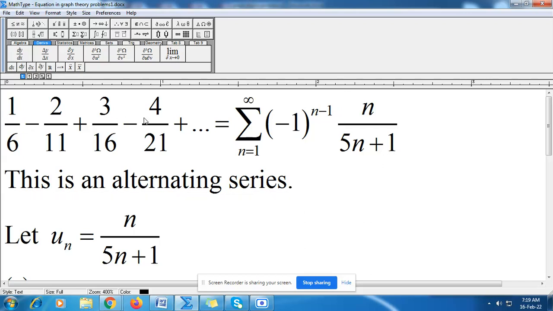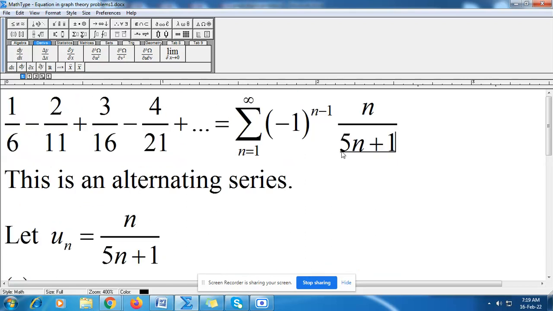Because 1, 2, 3, 4 and so on are in arithmetic progression, the nth term is n. Also 6, 11, 16, 21 are in arithmetic progression whose nth term is 5n plus 1.